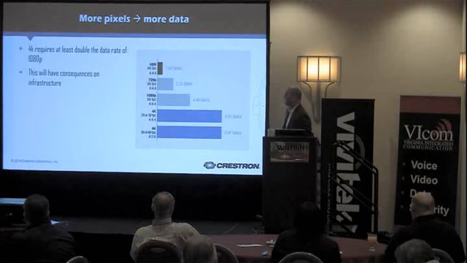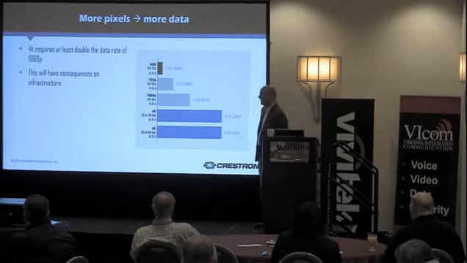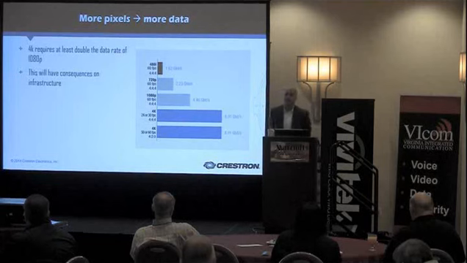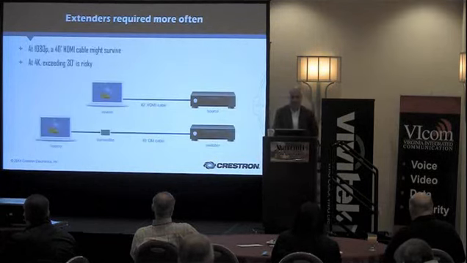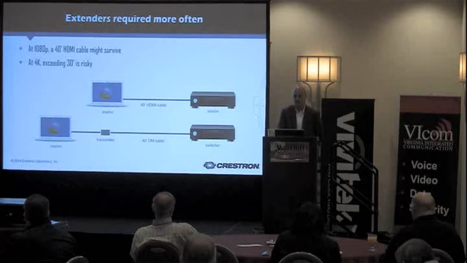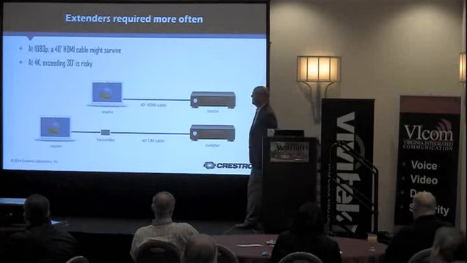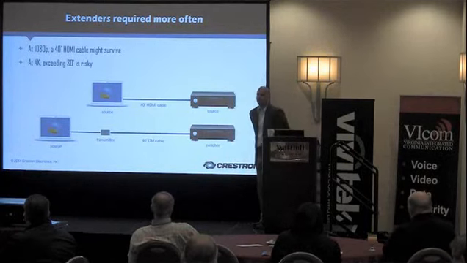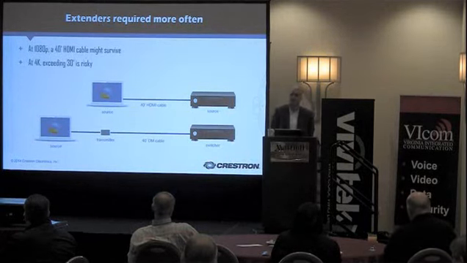However, if I go up to 4K at 24 or even 50 frames per second, it's double, almost 9. Extenders are often needed just to complement the challenges of HDMI and how far HDMI can go. At 4K, 30 feet is risky, if even at all possible.